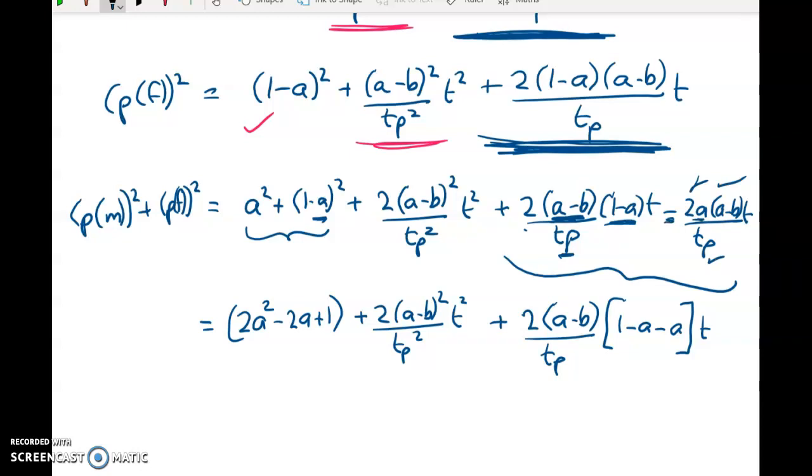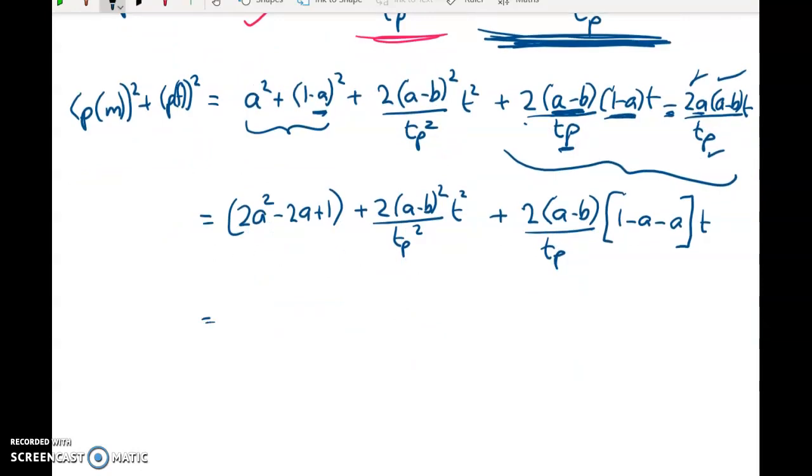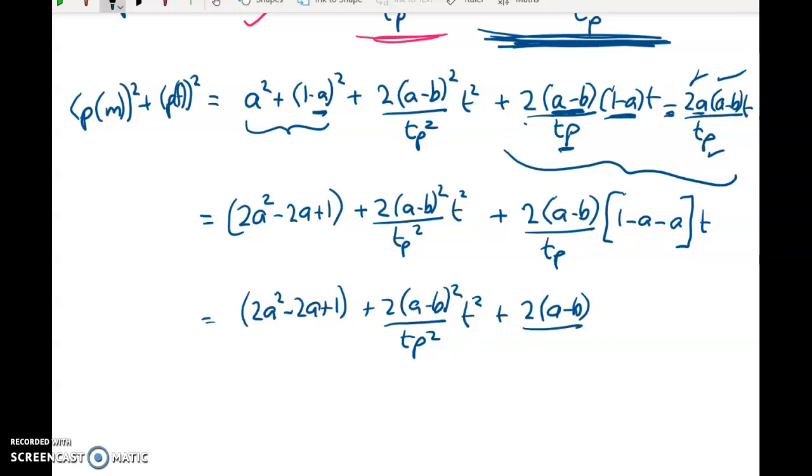So that looks good. Okay, so that gives me 2a squared minus 2a plus 1, plus 2 times all of this, plus 2 times (a minus b) over TP, times (1 minus 2a) times t. So that's what we've got there.